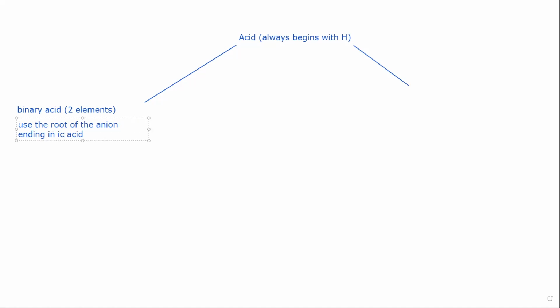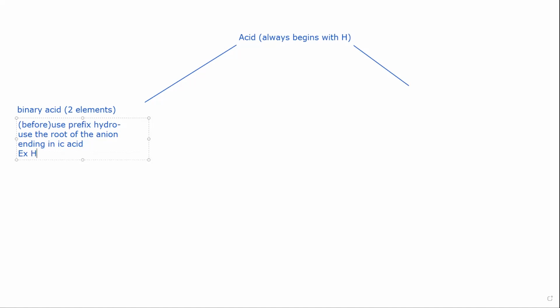But before that, use a prefix known as hydro. So before everything, that's called a prefix. So you have the prefix hydro and the root of the anion ending in ic acid. Okay, so an example of that would be this.